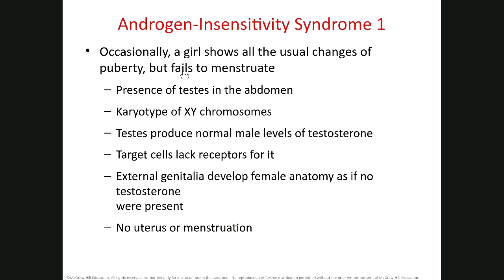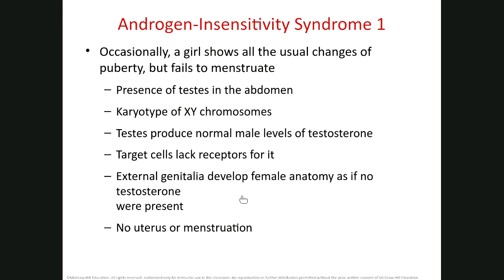When a girl shows all the usual changes of puberty but fails to menstruate, there must be something wrong with the system. Could be the presence of testis in the abdomen. It could be a karyotype of XY chromosomes. The testis produces normal male levels of testosterone, but the receptors are not there.